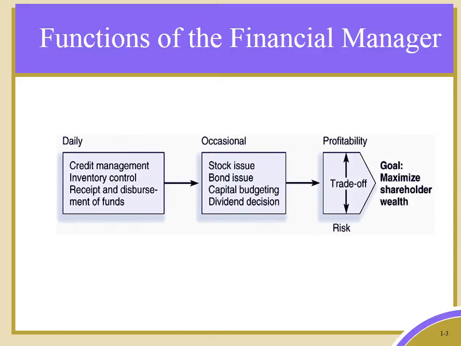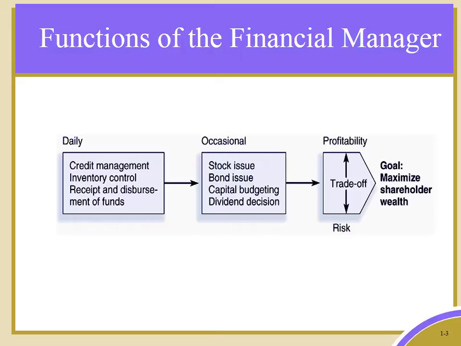This is a nice graph that shows the functions of financial management broken down into daily task, occasional, and what your ultimate goal is to maximize shareholder wealth. The daily tasks include credit management, inventory control, receipt and disbursement of funds. Occasional financial management is stock issue and bond issue, capital budgeting, and using that for specific projects or for maybe expansion of your business.